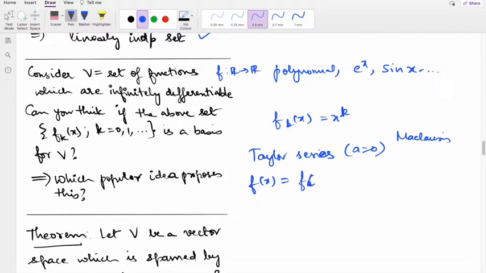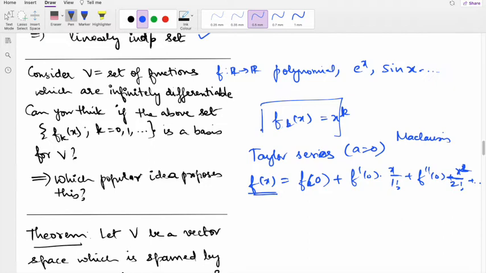So I can say f of 0 plus f dash of 0 times x by 1 factorial plus f double dash of 0 times x square by 2 factorial, and so on. So what am I doing here? I'm looking at f of x, that is any function which belongs to this particular set, as a linear combination of these sort of functions.